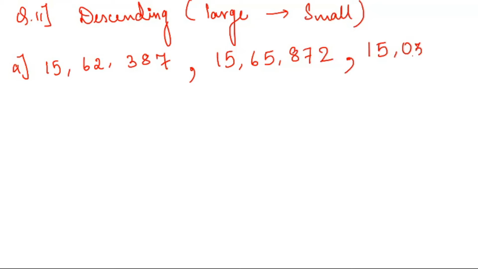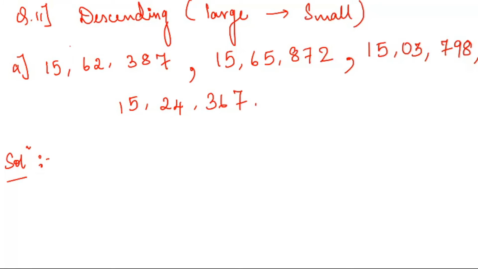And the another one is 15,24,367. This is your question. So in question number 11, what we have to do? We have to write from the largest number to the smallest number, because it is descending order. The numbers are decreasing. Let me change the color again.